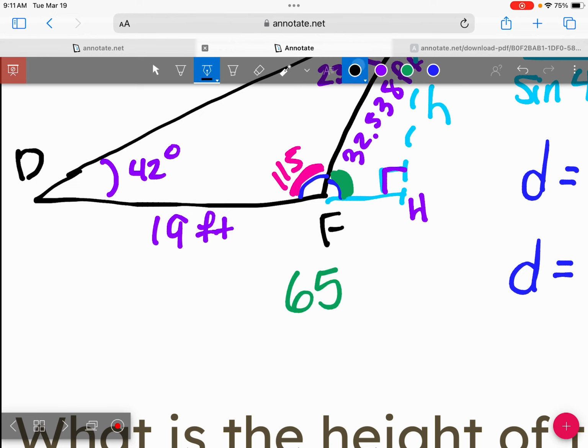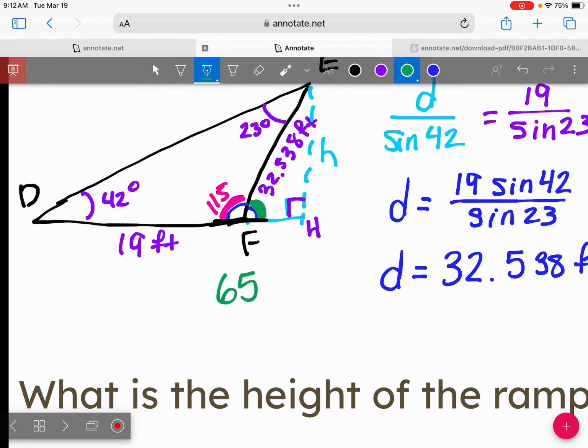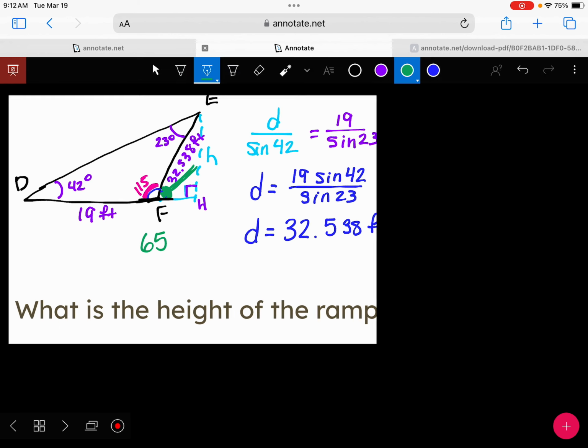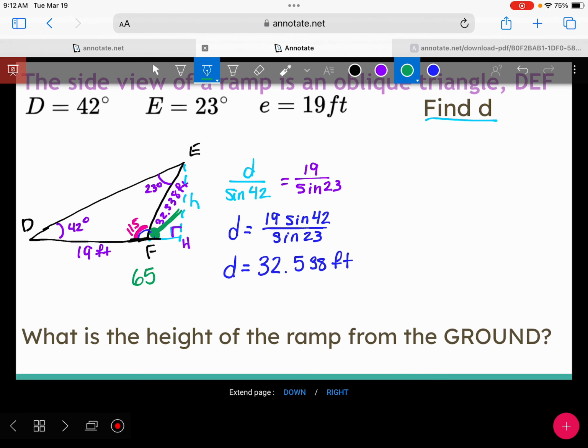Because this is, if I was good at drawing, a flat line. They're supplementary. So this angle and this side are related. We know we could find H with the sine of 65.